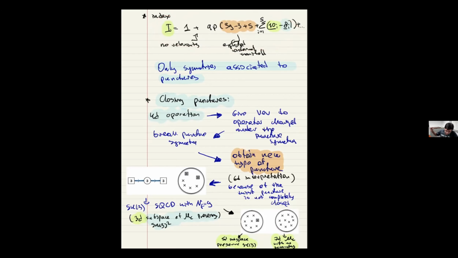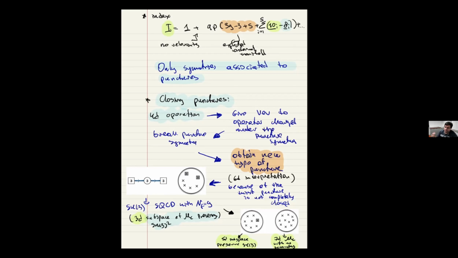And now to make contact to the SU3 with NF equals 9 that we discussed in great detail, I believe in lecture 2, we can do a new operation. In 4 dimensions, if you have an operator which is charged under some symmetry, a chiral operator, we can entertain giving a VEV to this operator.